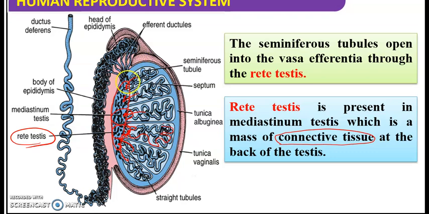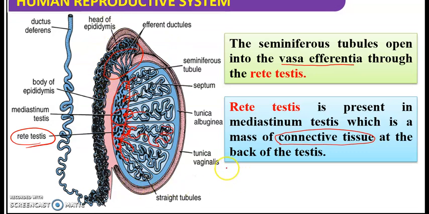From there, they open into a combined structure called vasa efferentia. So where is this vasa efferentia? If you can see, this region becomes our vasa efferentia, and this entire region is the epididymis. This is the head of the epididymis. This is the body of the epididymis.